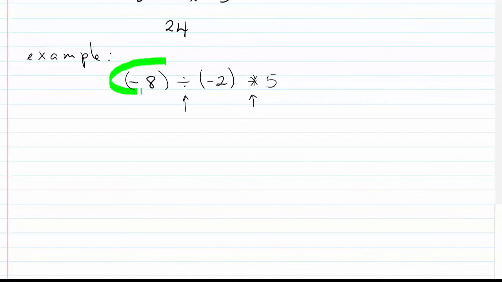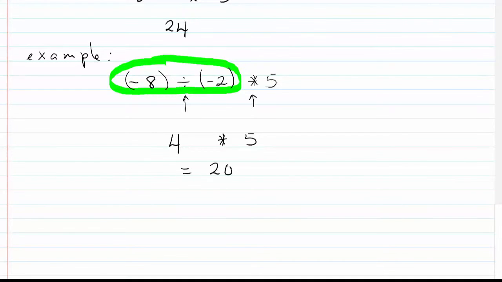So the first thing I'm going to do is these two. Since the signs are the same, my result must be positive. So 8 divided by 2 is 4, and then I multiply that by 5. And since my signs here are the same, my final answer must be positive.